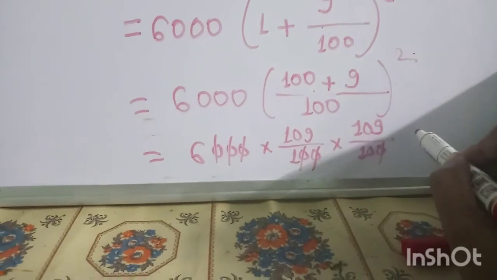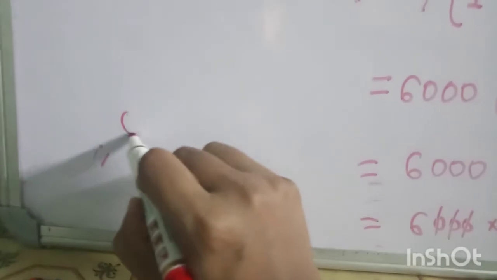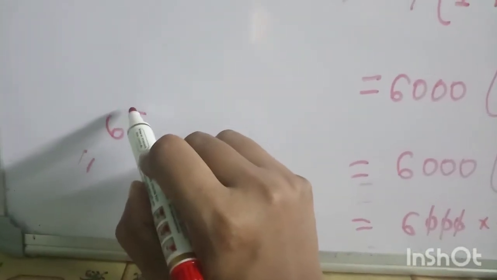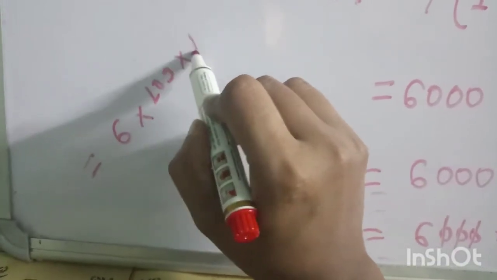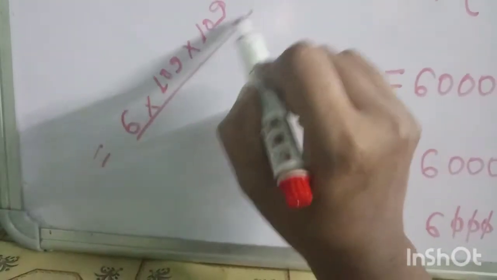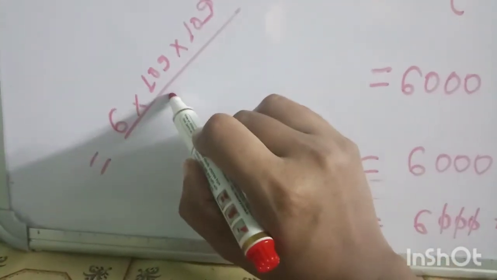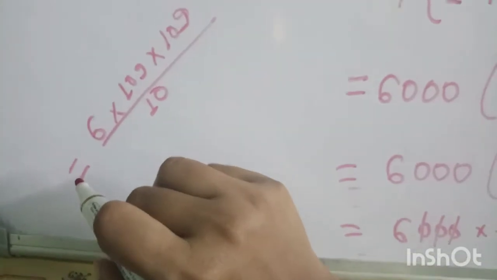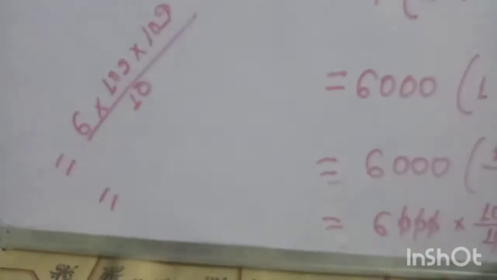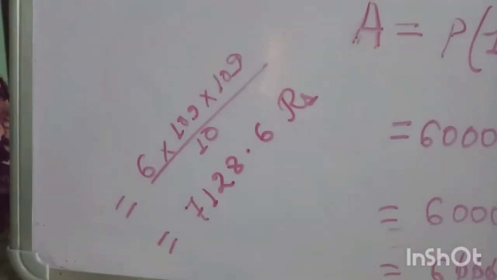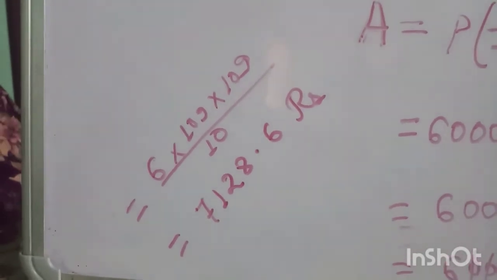So calculate this and tell me the answer. 6 into 109 into 109 by 10. So kindly send me the answer. The answer that I have found is 7128.6 rupees, and I hope this is the correct answer.